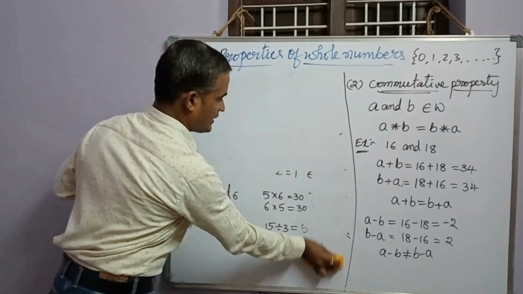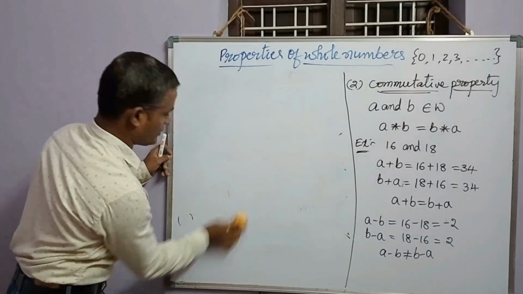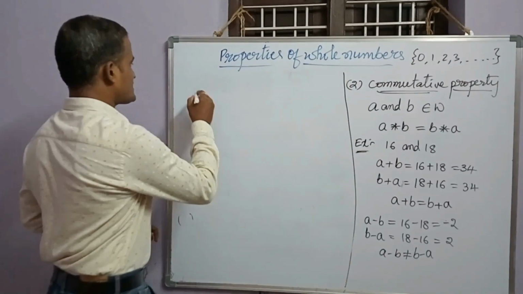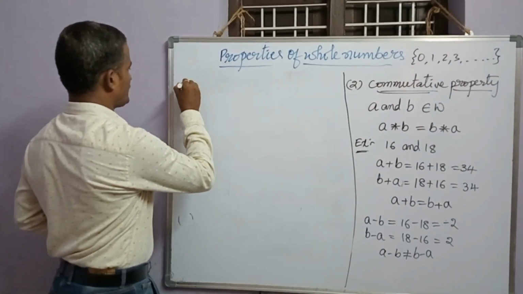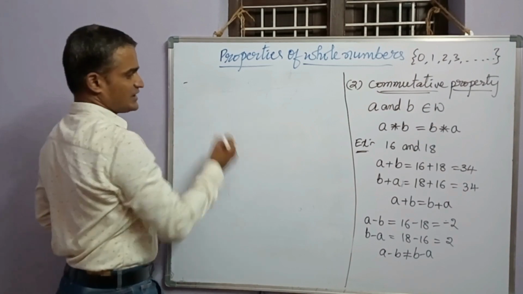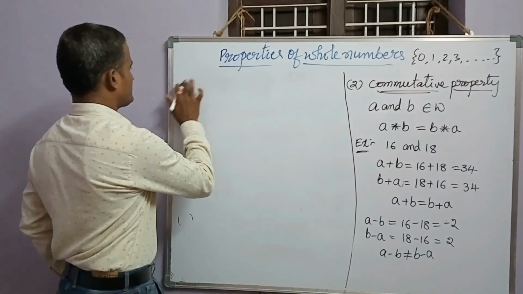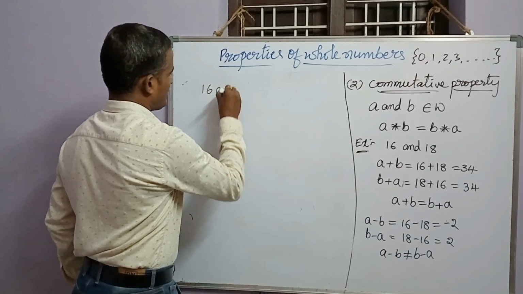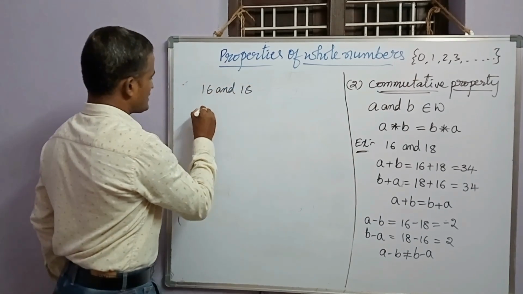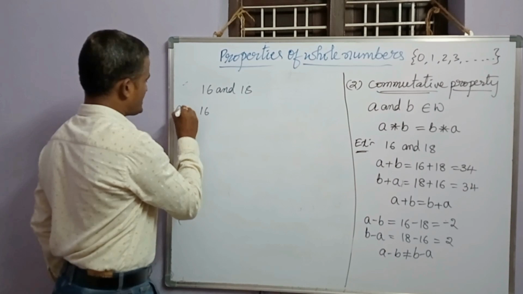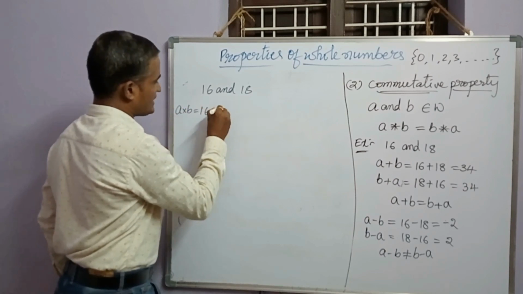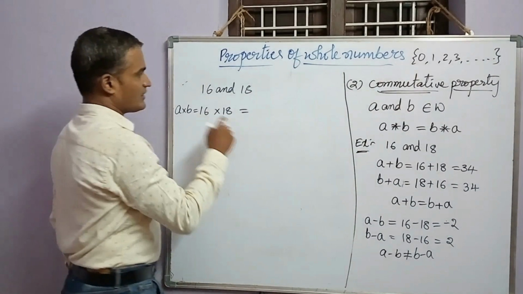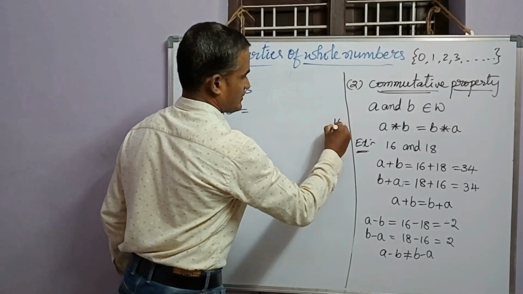We'll check under multiplication and division now. First we go for multiplication. Let us take the numbers 16 and 18. 16 multiplied by 18, A into B. So the answer will be, 16 into 18.